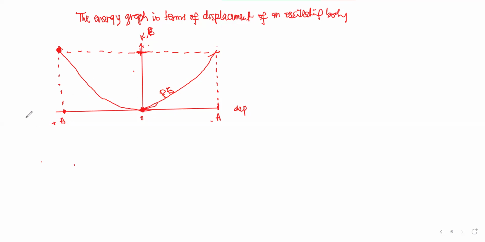Then for kinetic energy, at the extremes, KE is 0. So as we move towards the mean point, it will be increasing. By the time we cross the mean point, it has increased to maximum.